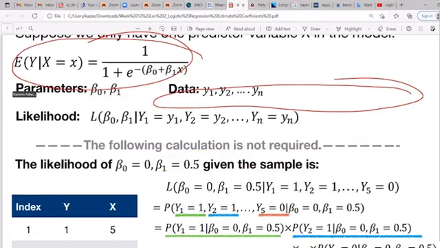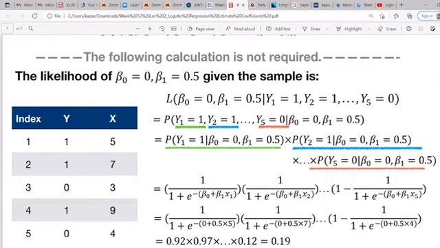I'm going to plug beta naught and beta 1 into that equation. For each one, because I have 5 data points, that is exactly what I'm doing here.